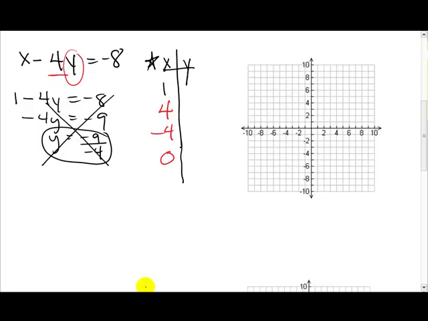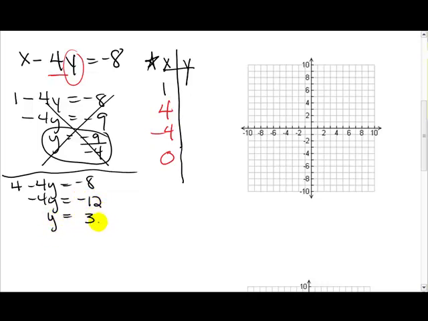So now let's go ahead and do this again. Here I have 4 minus 4y equals -8. Subtract the 4 from both sides, divide by the -4, and when x is 4, then y is 3. Then let's use -4. Add the 4 to both sides.